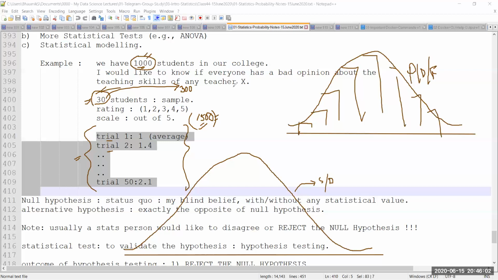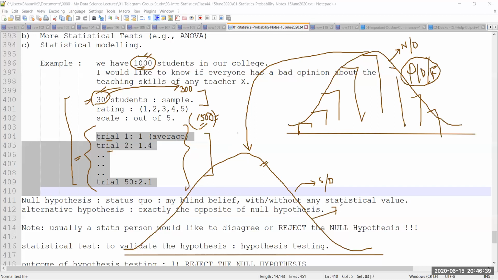But at the end of the day, if I have a good sample, if I have done a lot of trials, a lot of experiments, and the probability density function follows a normal distribution curve, then I can safely say that the sampling distribution of this probability density function, where the sampling distribution is created out of extensive experiments, is going to follow a principle otherwise known as the central limit theorem. And the central limit theorem says that it is always a normal graph.